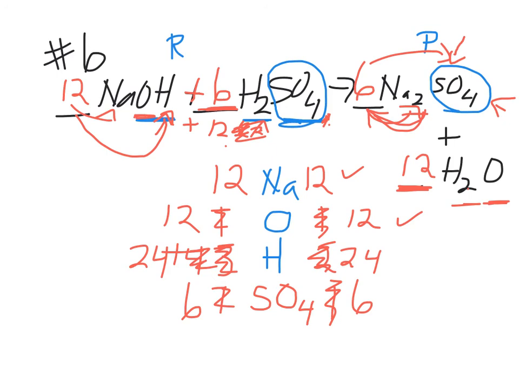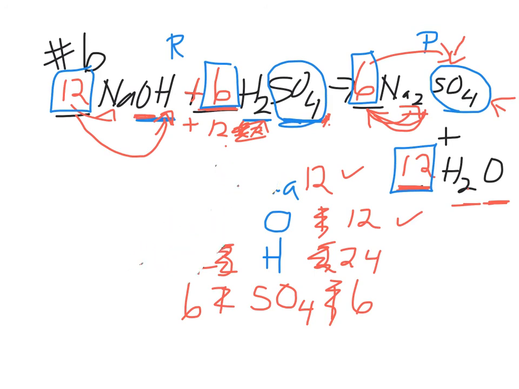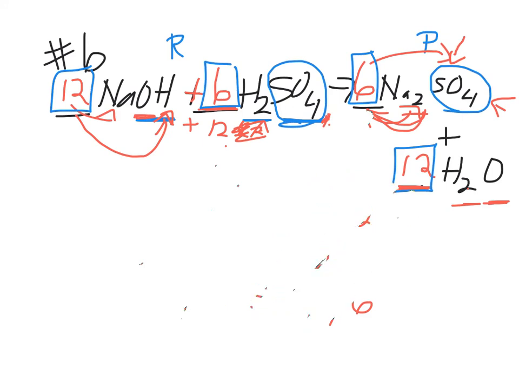Look at that mess. Now look at this carefully. I have a coefficient of 12, 6, 6, and 12. See, don't be afraid to go big. Let me show you why. Let's go ahead and erase part of this so you can see. If you can reduce, you must reduce.